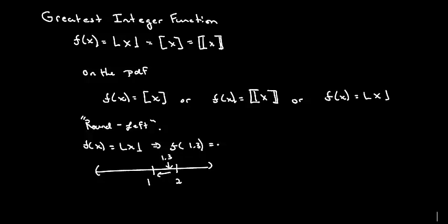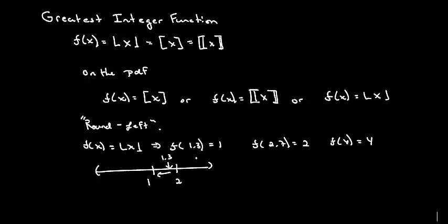So this is equal to just 1. If I ask you what is f of 2.7, that's just 2. If I ask you what is f of 4, that's just 4, because we're already at the nearest integer. Okay, so if you're on the integer, it's equal. If not, you round left.